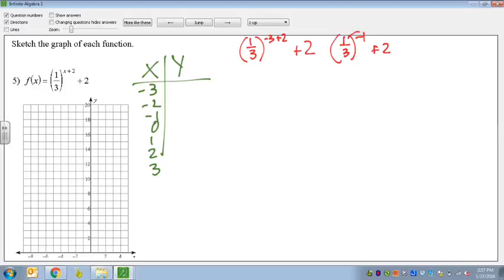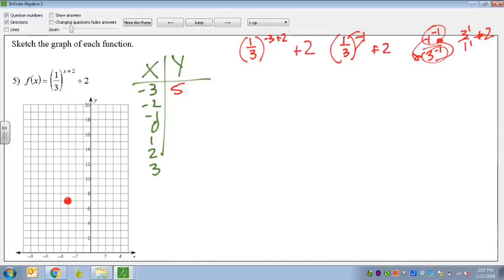If we distribute the exponent, that gives me 1 to the -1 over 3 to the -1, which moves to the top because we have to get rid of negative exponents. That leaves me with 3 over 1 to the +1 power, which is just 3. And then 3 plus 2 gives me 5. So when I plug in -3, it's going to be 5. The point (-3, 5) is right here.